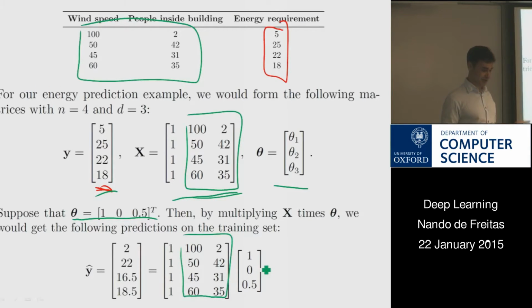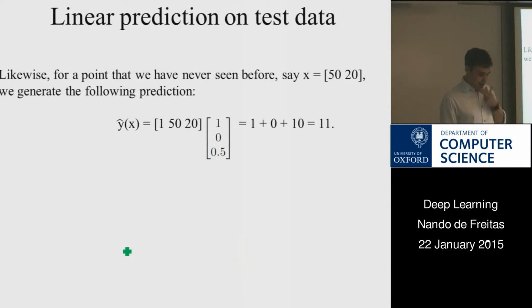So x times theta gives you predictions, y hat, and now you compare y hat to y, and you sum all those square differences, and that tells you how well you're doing. Okay, so that's how you would make predictions. Once you have a single vector theta, you can make any predictions. So the question is, how do we get that theta?